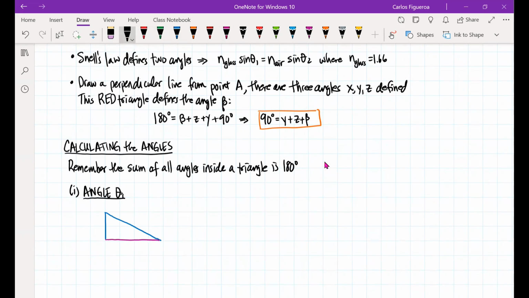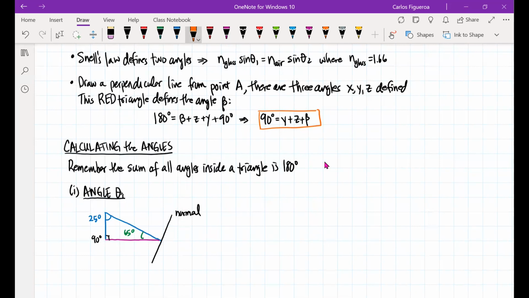And along this line right here, this is the normal. So if this angle right here is 25 degrees, and this angle here is 90 degrees, we have no choice but to say that this angle here has to be 65 degrees. But wait a minute, look at right here.